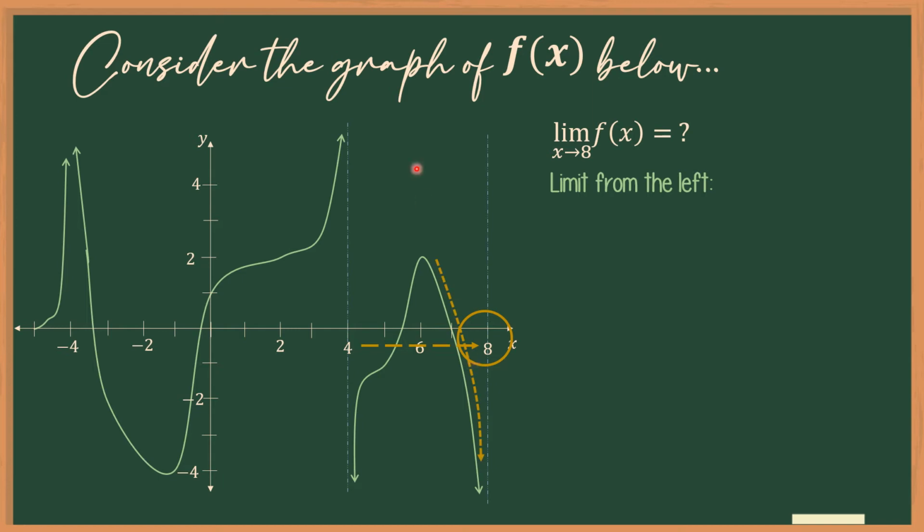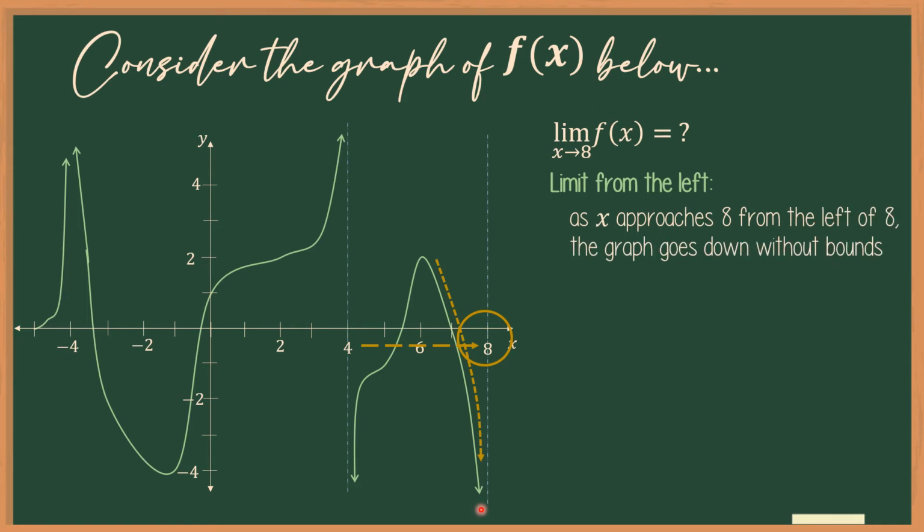Look at the behavior of the graph. It goes down. So as x approaches 8 from the left, the graph goes down without bound. So the left-hand limit is negative infinity. Again, the limit does not exist in this case.